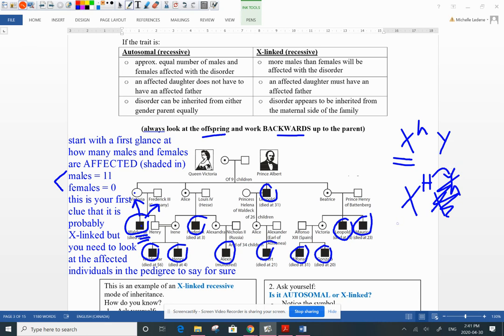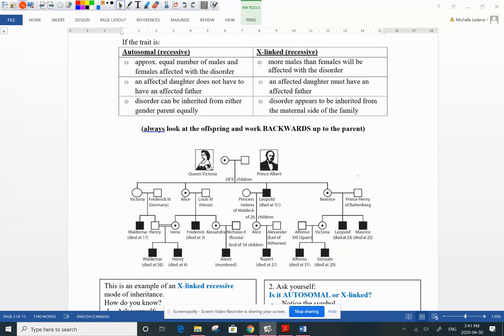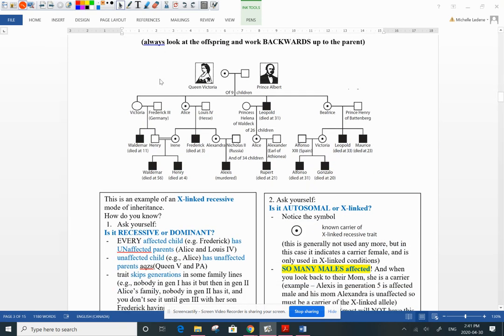She's not going to have hemophilia. And so this is very clearly an X-linked trait. And so, yes, it's good to just start with your first glance at the number of males and females affected, but there's more to it than just that. You have to assess a couple more things than just, is it all males or is it all females?